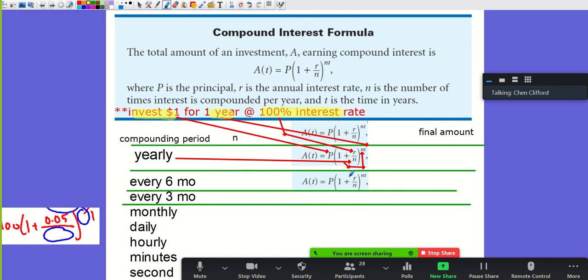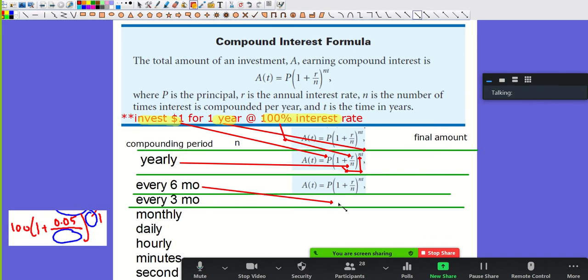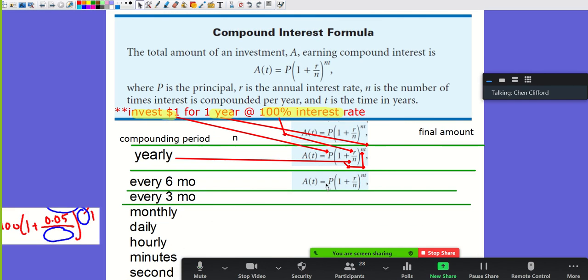The only thing that's going to change on every single line is the N, which is the compounding. So every 6 months means that happens twice a year, which means N is going to be 2. Every 3 months means it's going to happen 4 times a year, which means N is going to be 4.